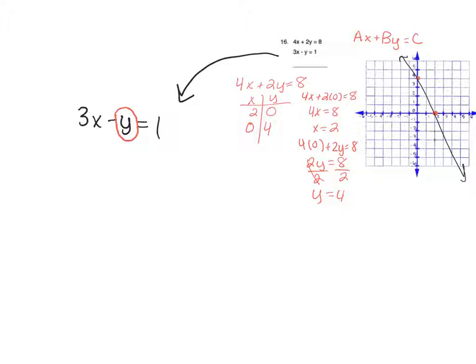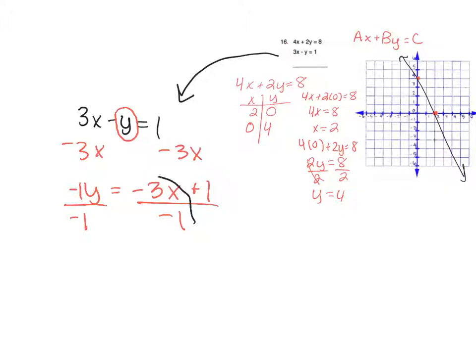So to do that, I subtract 3x from both sides, and I've got negative y equals negative 3x plus 1. Once I'm here, I've got to divide by that -1, that imaginary 1 here.